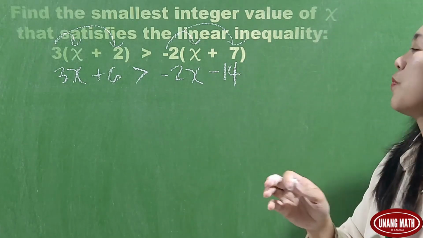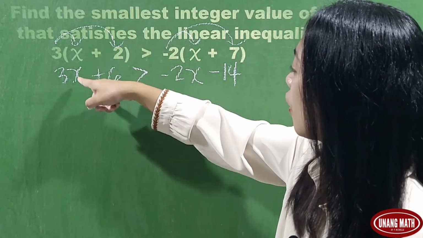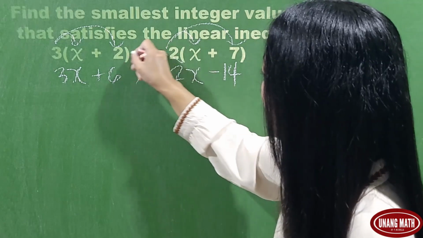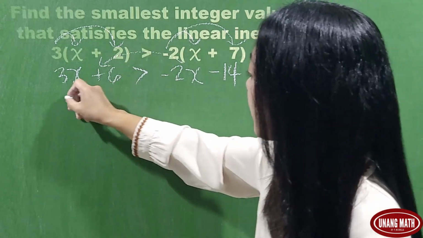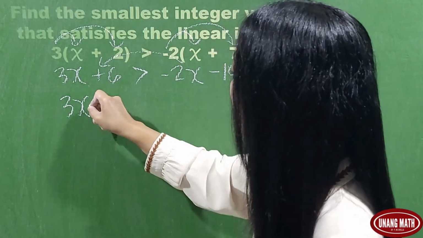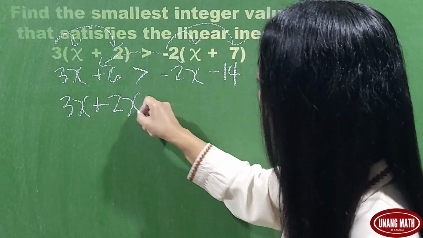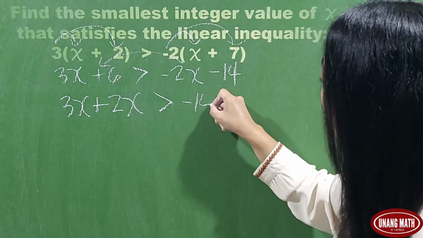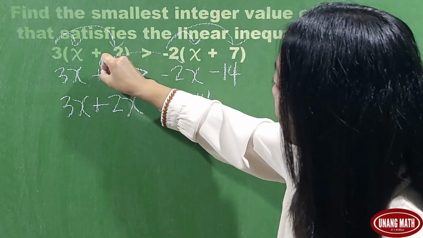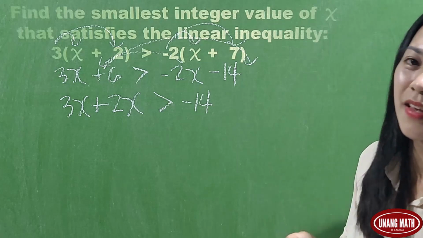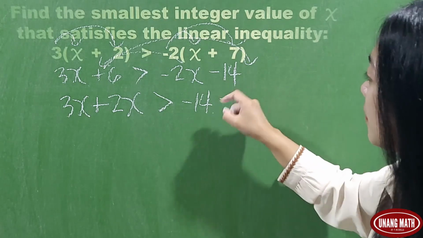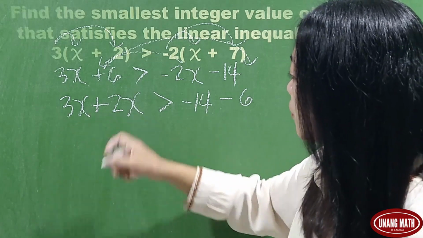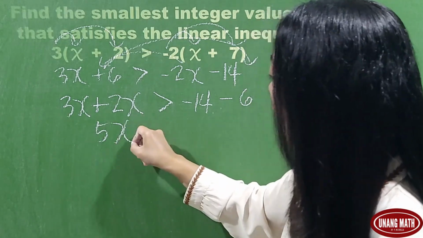Okay, let's use transposition to move all the x terms on the left side and the constant term on the right side. Since this is negative 2x, if we move it to this side, this is now 3x plus 2x. This is greater than, we have here negative 14, and move positive 6 on this side. This now becomes negative 6. Okay, simplify. 3x plus 2x is 5x.